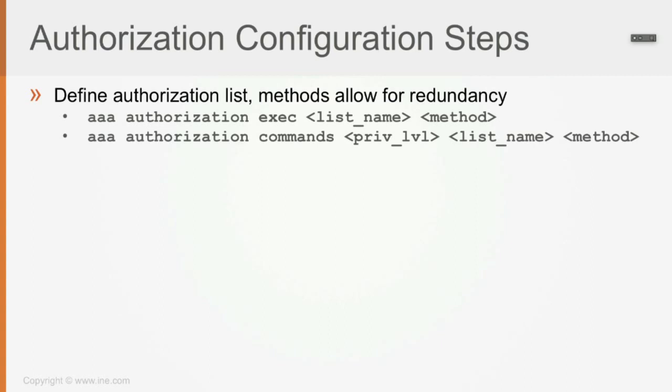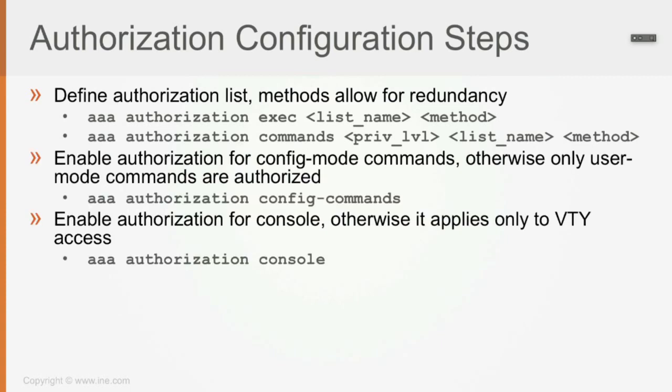And then authorization commands, if I optionally also want to do command authorization, then I'm going to specify for which privilege level I want to do command authorization, and I have to specify likewise a list name, default or non-default, and the method, which is going to be likewise via TACACS+ or via local or both of them to have redundancy.